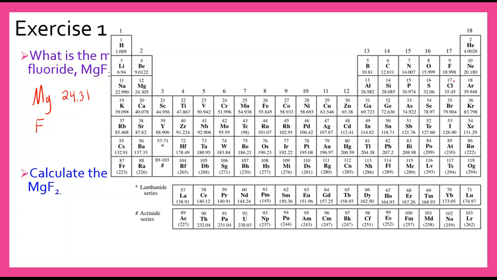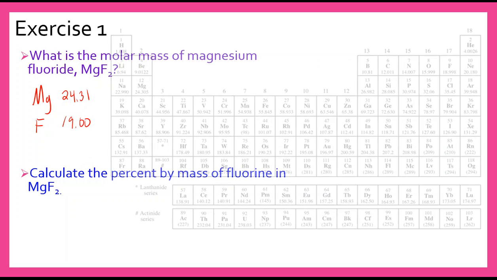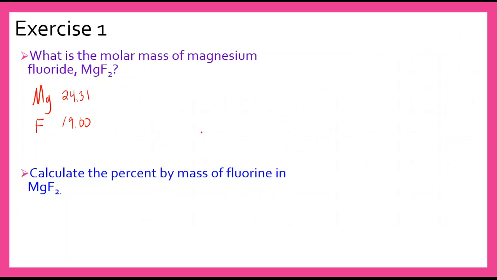Fluorine, 18.998 is going to round to, just like oxygen did. It's just going to round up to the next whole number, 19.0. Yep, exactly right. Now that I know the masses, I can get rid of the periodic table and keep calculating.